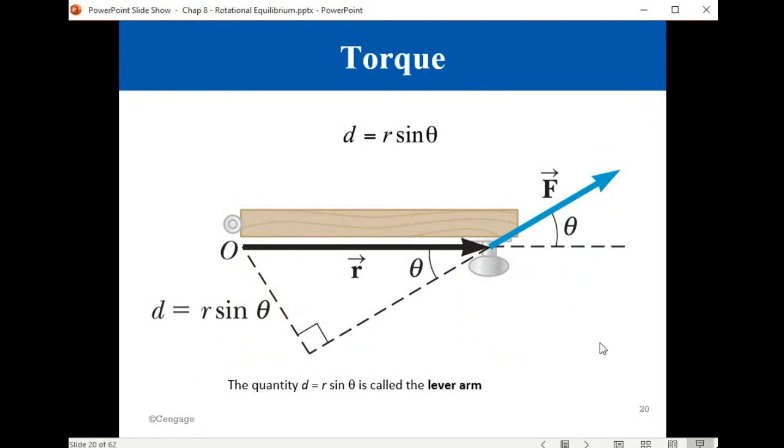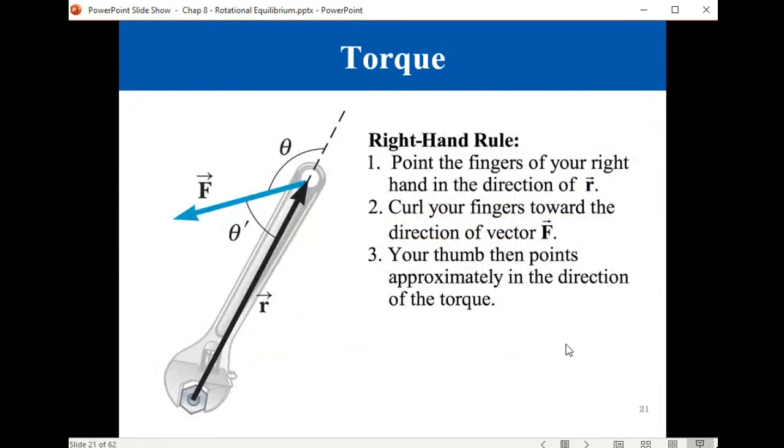So now we understand the force and the lever arm, and we are in a position to calculate the torque for various situations. As I said, torque is a vector quantity. It has both magnitude and direction. This is just a reminder about the right-hand rule that we use to determine the direction of the torque.